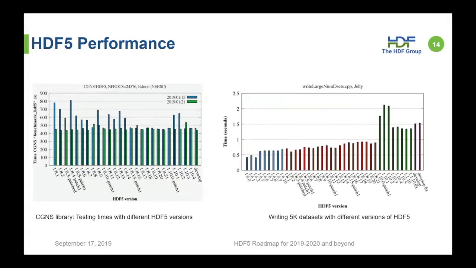So what happened in the library? On the left slide, you see one of the software packages, CGNS, for computational fluid dynamics. And over the last 20 years, performance was pretty stable. So if you have a regular application, you will not even notice any changes when you work with our software. Unfortunately, on the right, and this is the cause why MATLAB still didn't release SWMR, it's not their fault, it's our fault.